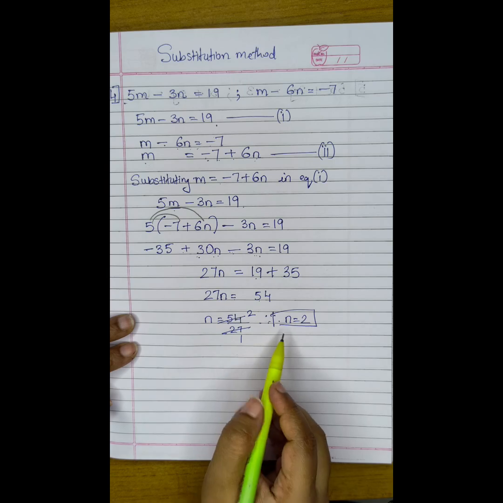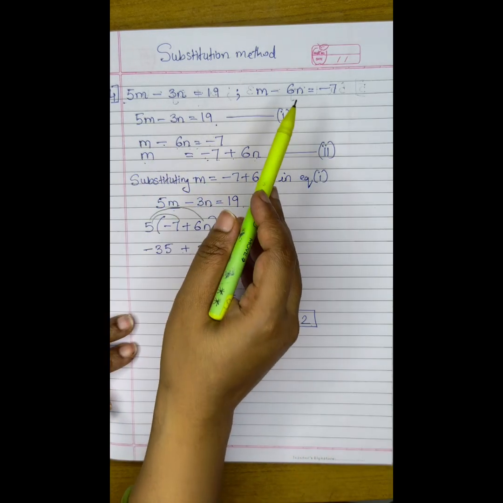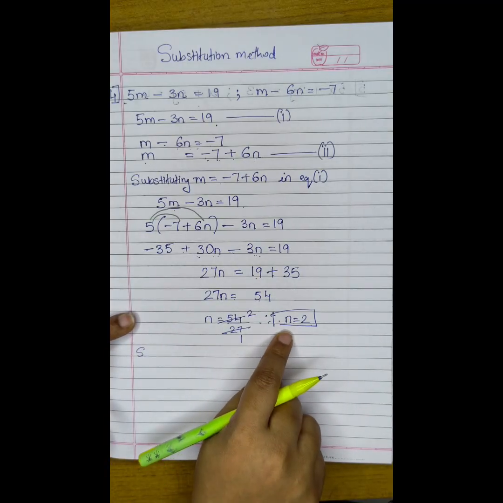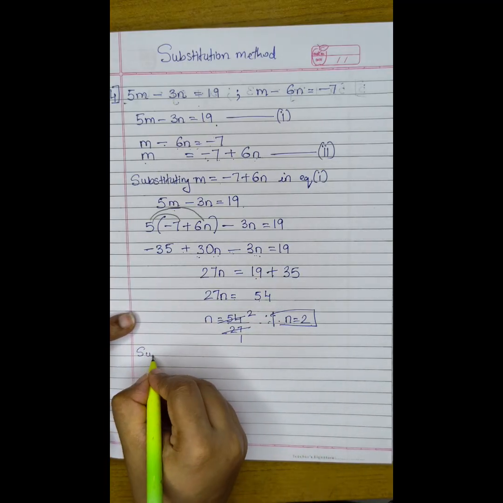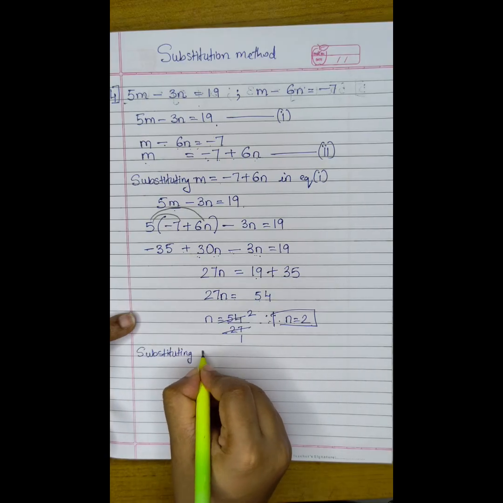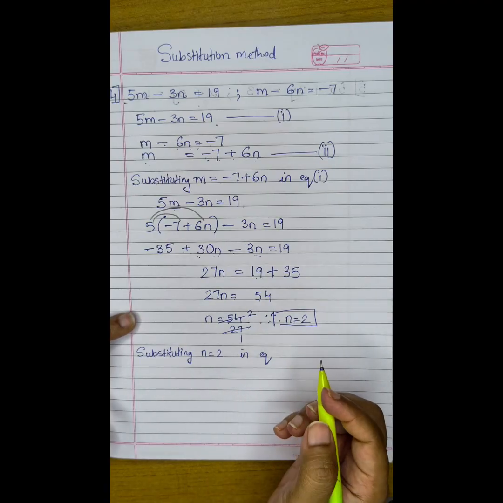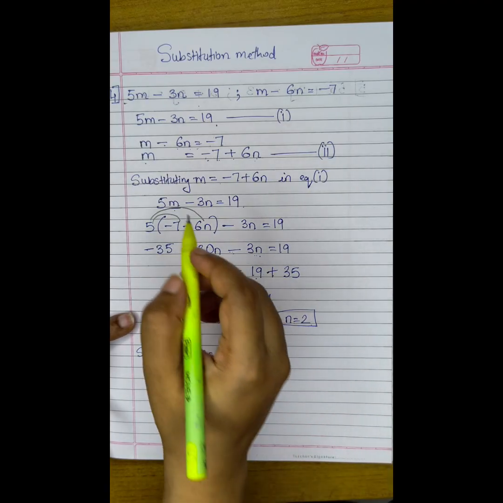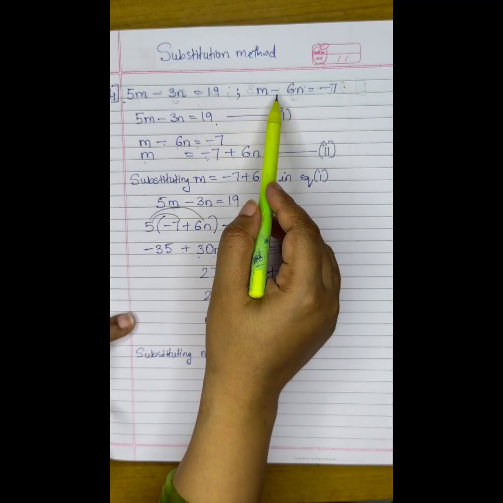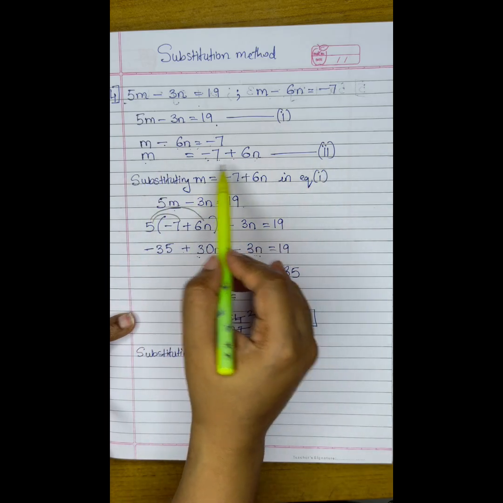Now substituting n is equal to 2 in any one of these equations. Okay, so now we have to find the value of m. So substituting n is equal to 2 in equation, suppose I am taking equation 2.